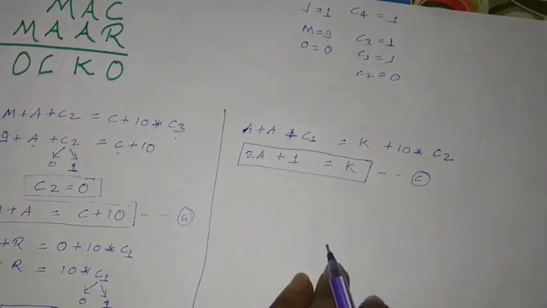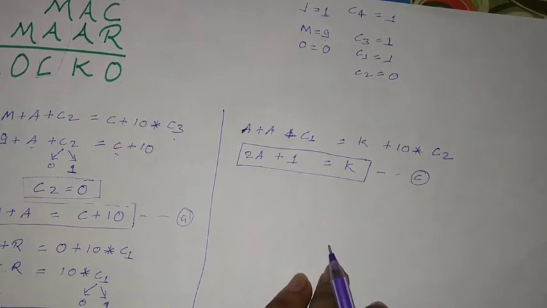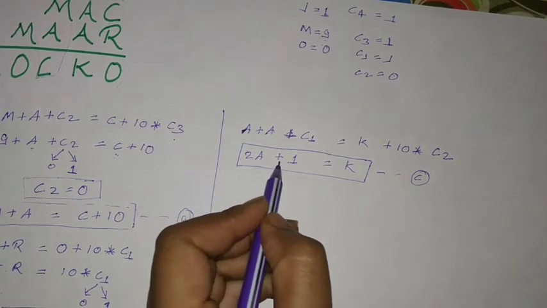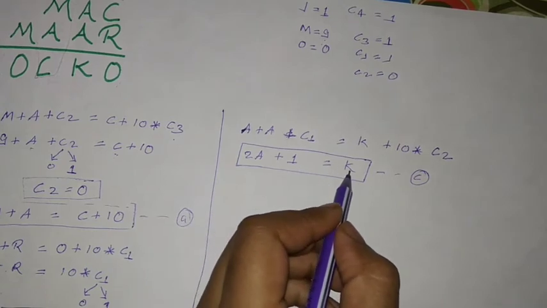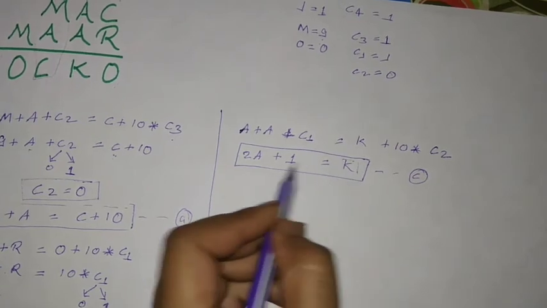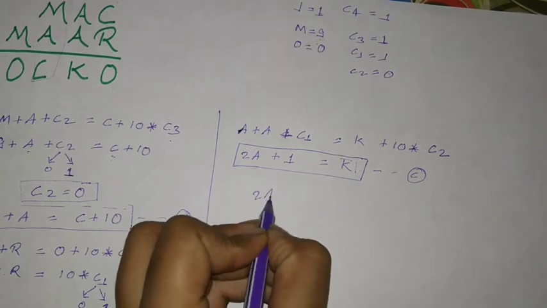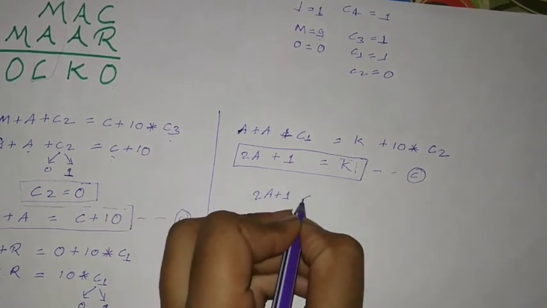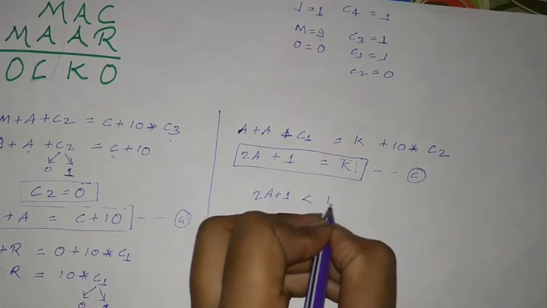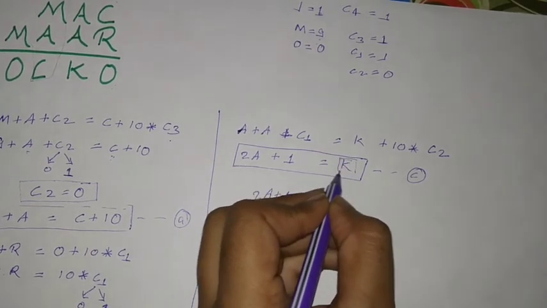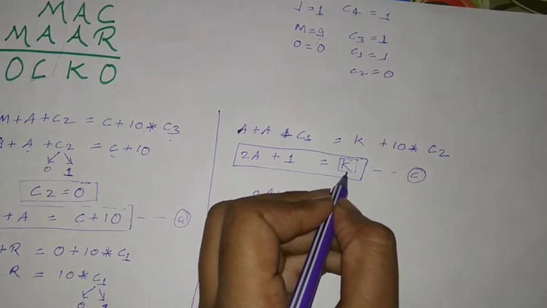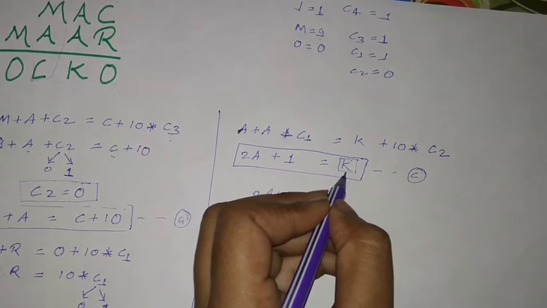From this equation we come to one conclusion, that 2A plus 1 equal to K, and since K is a unit value, 2A plus 1 is less than 10, because unit values start from 0 and the last value is 9.